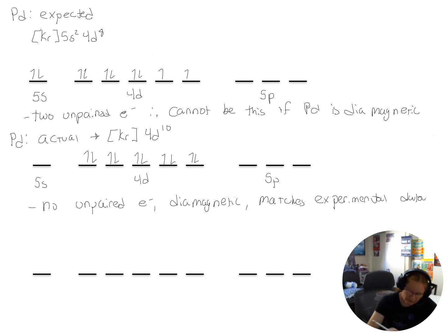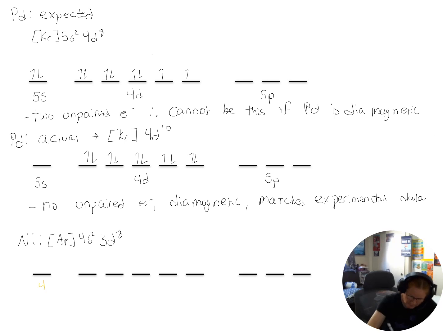All right, now nickel. Nickel, we're told, is paramagnetic. Our expected configuration there is argon 4s2 3d8.